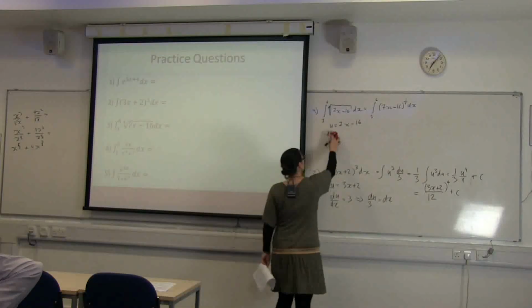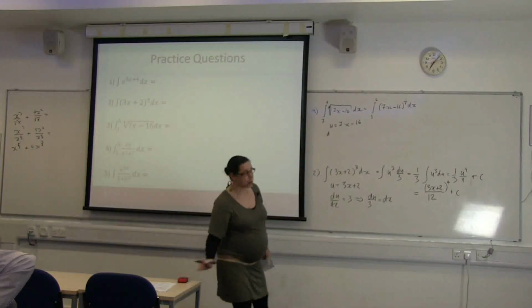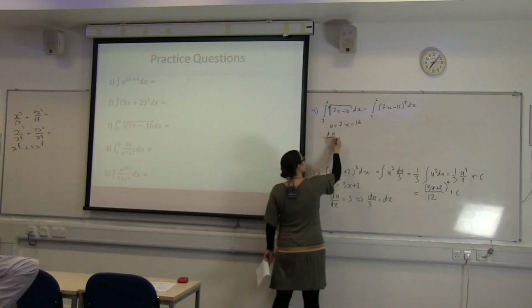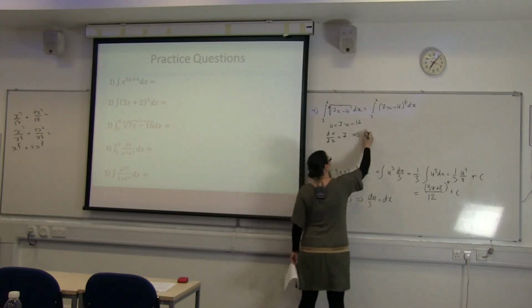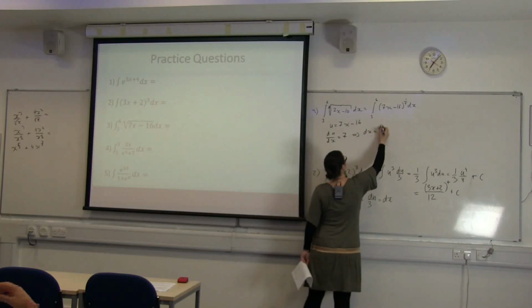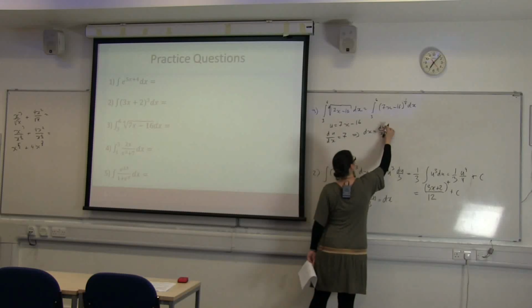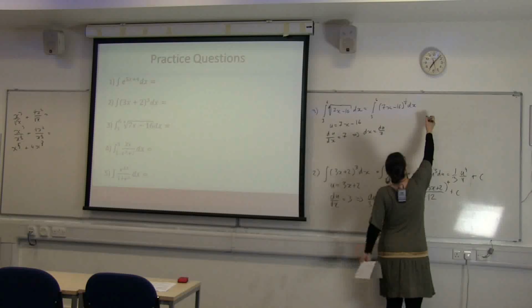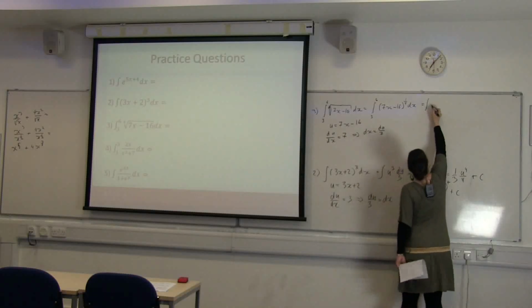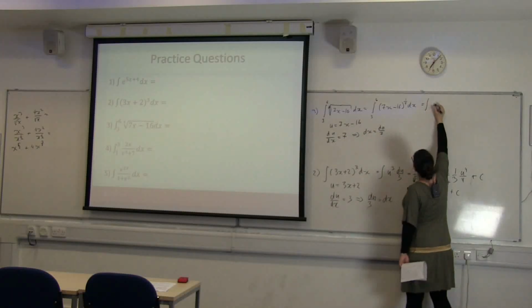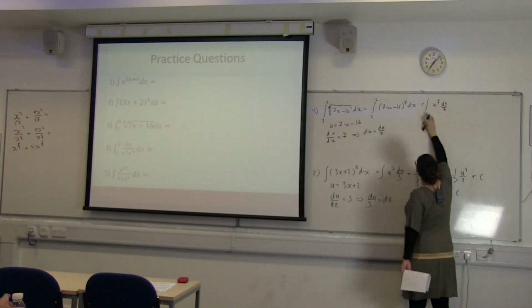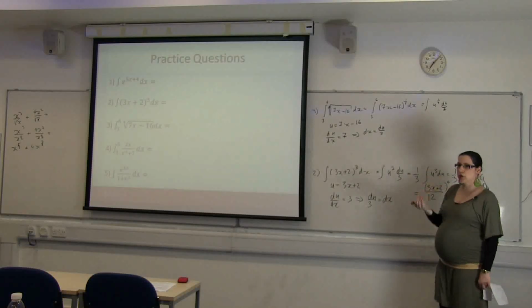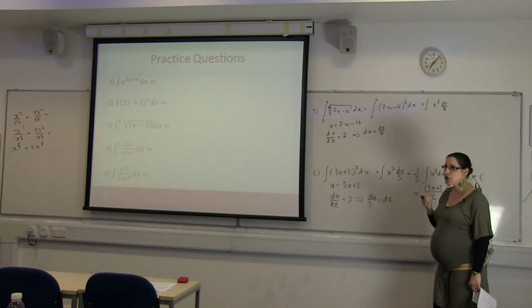So du/dx will be 7. Therefore, dx is equal to du over 7. So far, nothing changed. So I'm going to do the integral, but the difficult part comes here, because I now introduced a new variable, u.